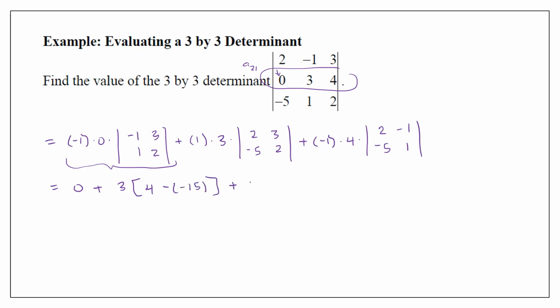Plus, then we have -4 times the determinant. So 2 times 1 is 2, minus negative 5 times negative 1, which is 5.